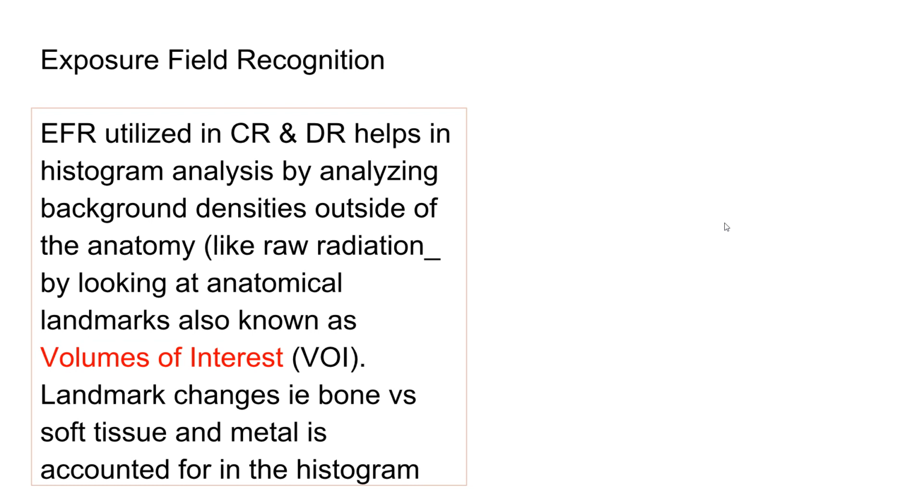Exposure field recognition happens in both CR and DR, and it's looking for essentially the same things, but it goes beyond just borders of collimation. It's actually looking for densities, like a hip prosthesis that shows up really, really bright because it's metal, or raw radiation, again, that's outside of the collimated field, or even within the collimated field, but outside of the part.